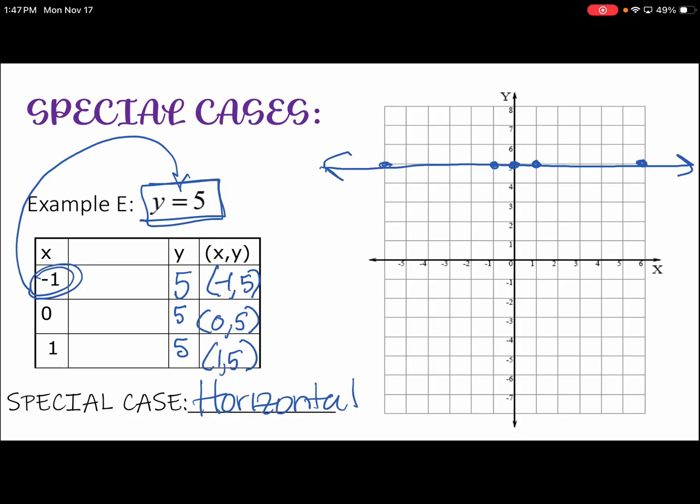What if I ask you to graph y equals -2 on the same grid? Could you do that? Without a table? Would you need a table to graph y equals -2? No, it would be down here wherever y is -2. All of these values.